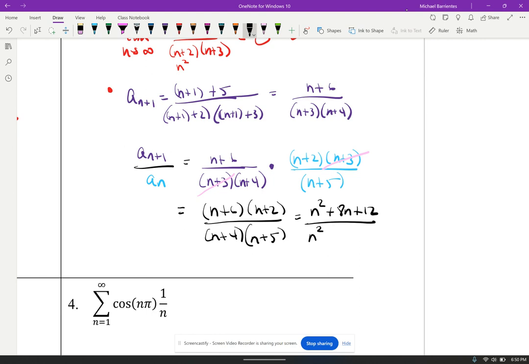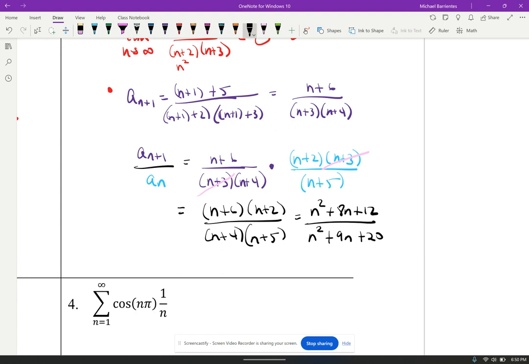So n squared plus 4n plus 5n, so that's going to give me 9n plus 20. Can I see that the denominator is bigger than the numerator? Well, yes, because I notice the numerator has an n squared, the bottom has an n squared, but the denominator has bigger terms than the numerator, right? Like 9n is bigger than 8n and 20 is bigger than 12.